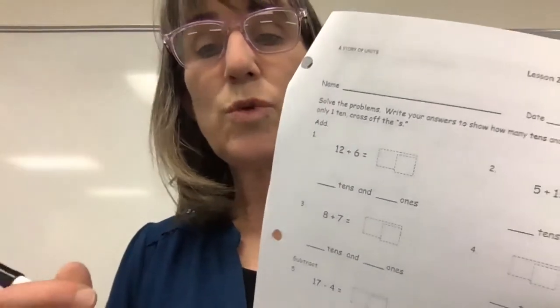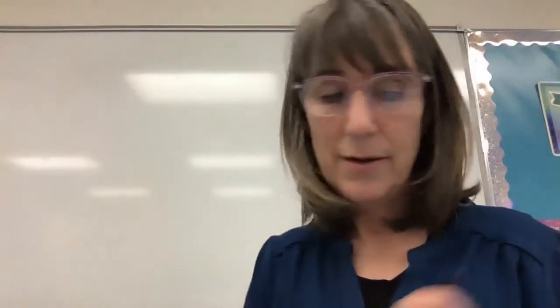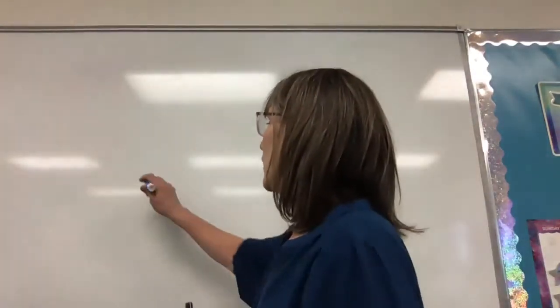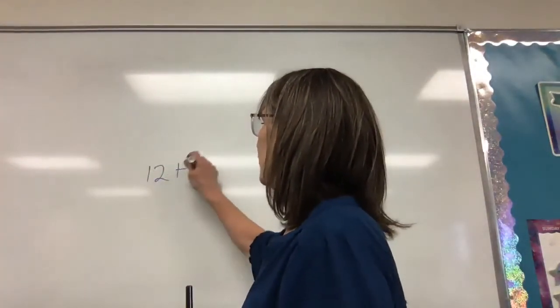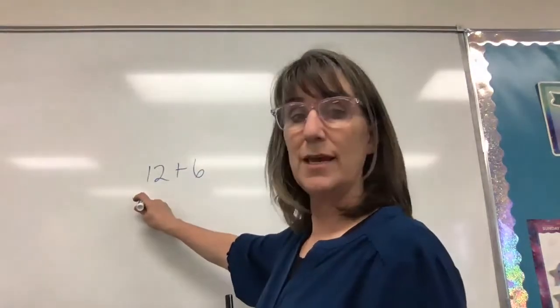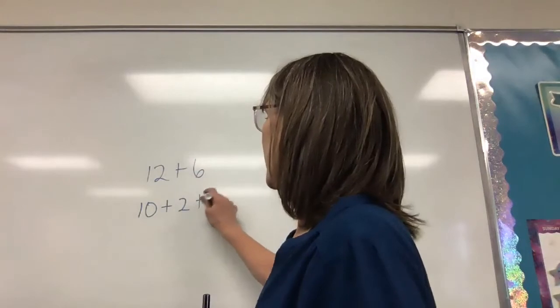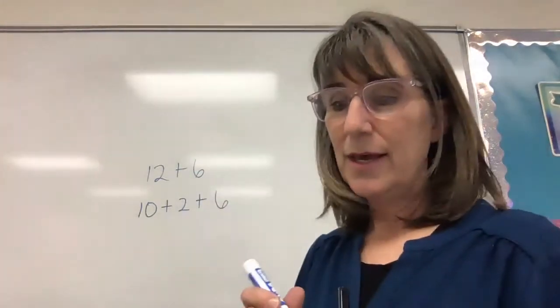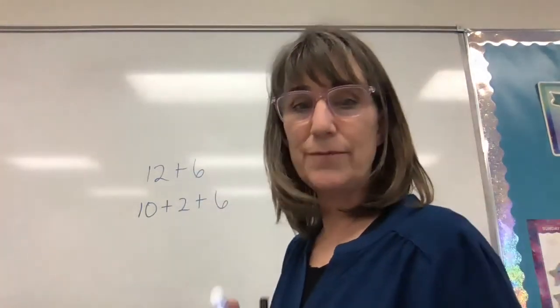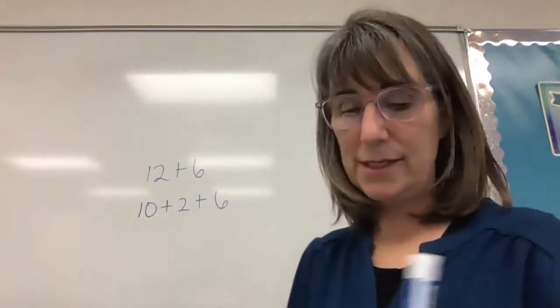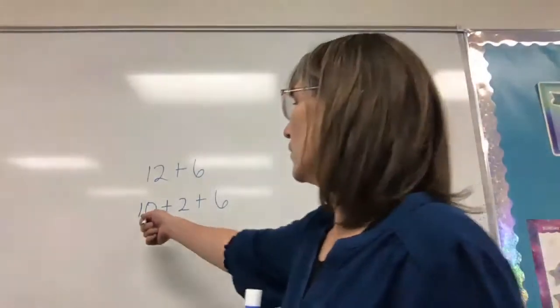Okay, so 12 plus 6 is the same as 10. 12 plus 6, we can think of that as the same as 10 plus 2 plus 6, right? And so how many 10s are there? There's just one 10, isn't there? Right here, 1 ten.